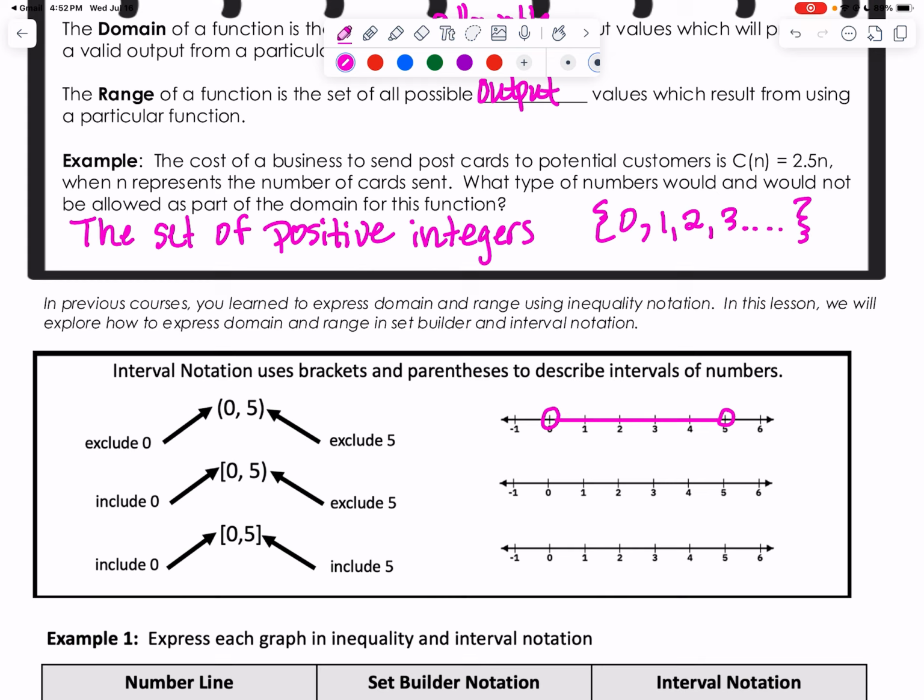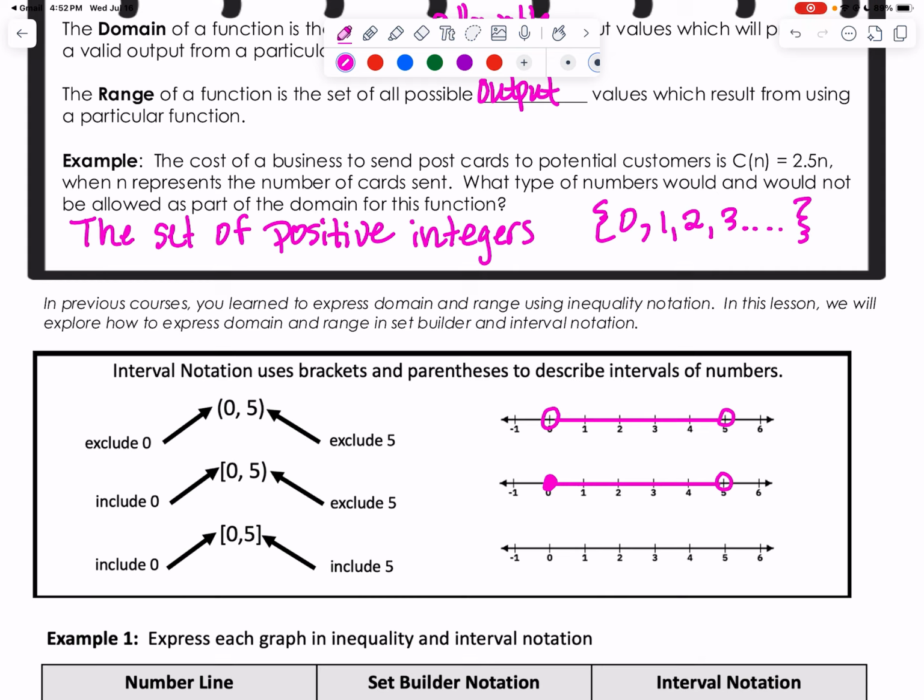Our second interval has a bracket and then 0, 5. This means in this interval notation, we are including the 0. We're not including the 5. So our numbers could be anything from 0 all the way up to 4.99999, but they can never reach the 5.